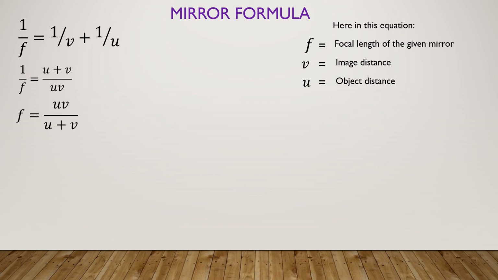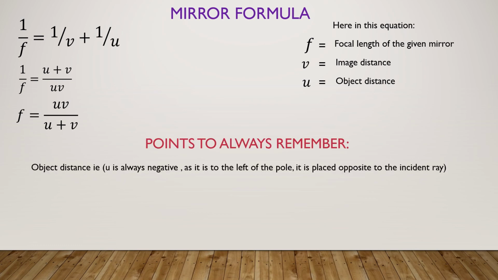And this is the reciprocal, and here this is the focal length. So you will have to form the reciprocal, and you should remember to do this step, otherwise you may have miscalculations at the end. Now points to always remember. As we have told, u is always negative. The reasons are given here.